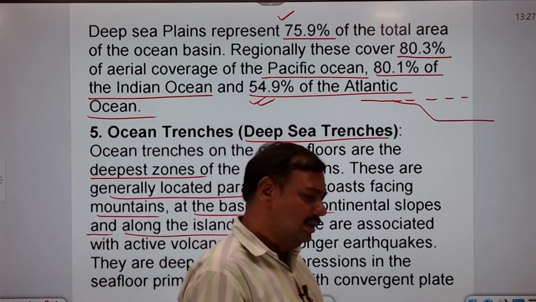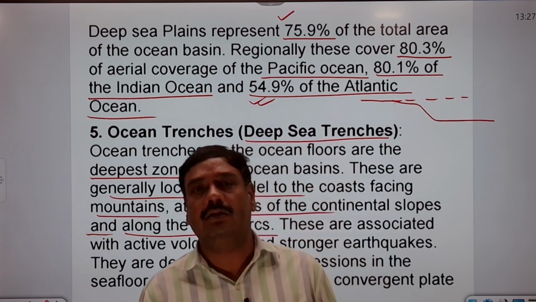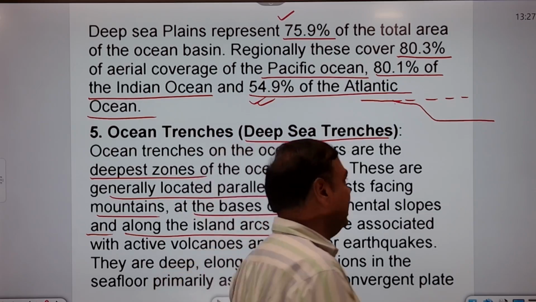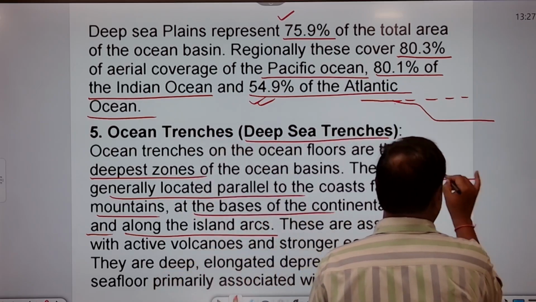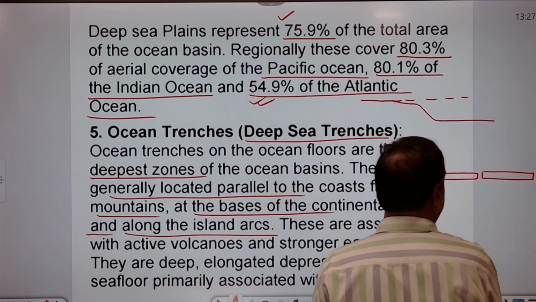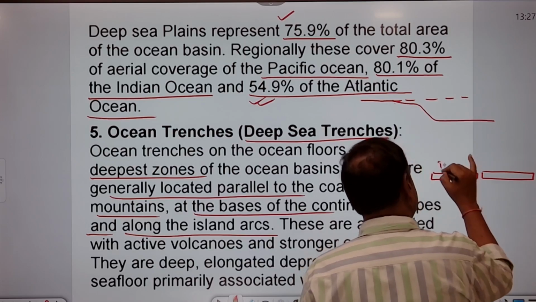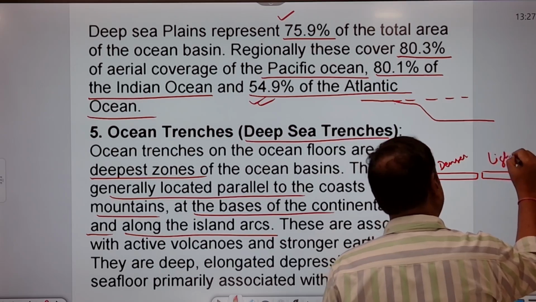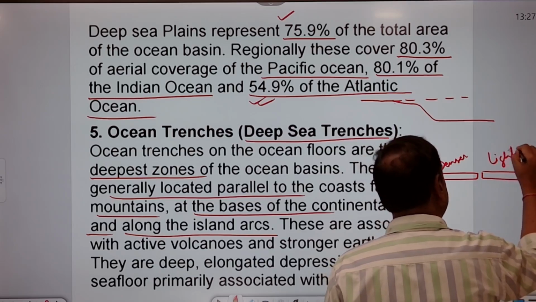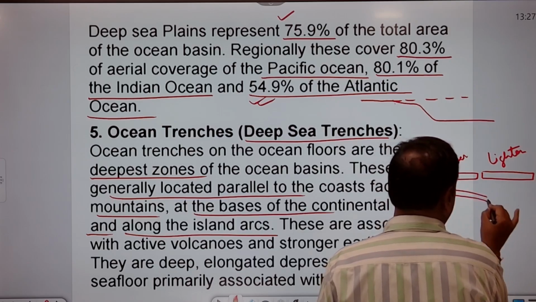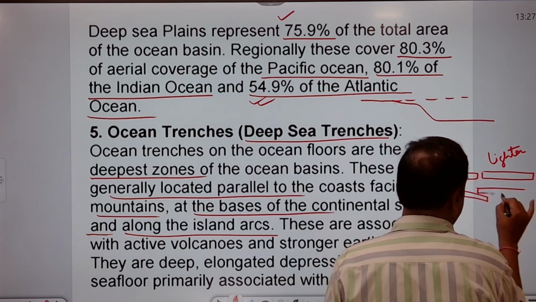It may cause certain confusion in your mind, but you can see that if two plates are moving towards each other, one of the plates is denser and one is lighter. So, the denser plate goes beneath the lighter plate in this way.